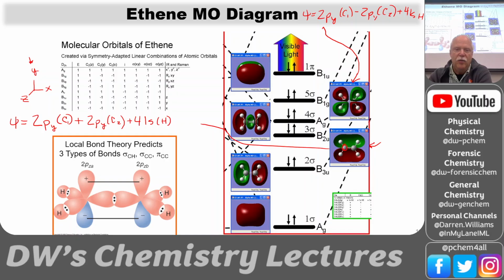Okay. What about this one here? 2pz carbon 1 plus 2pz carbon 2 and 0 hydrogens, because hydrogens don't have 2p orbitals. So even though it's above and below the hydrogen, there's no p orbital on the hydrogen for that to interact with. And so the node is cutting that hydrogen. The s orbital can't interact with that. And so it's going to just be that, no hydrogens.